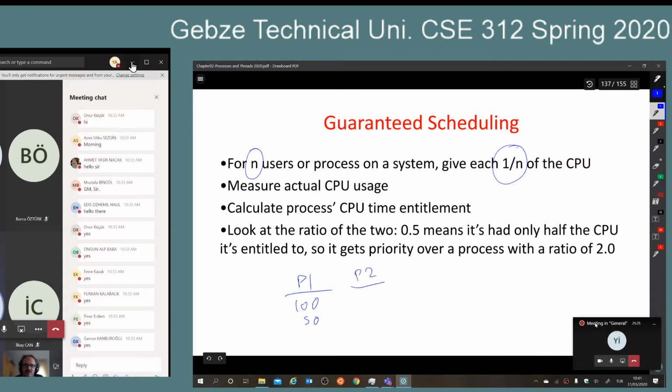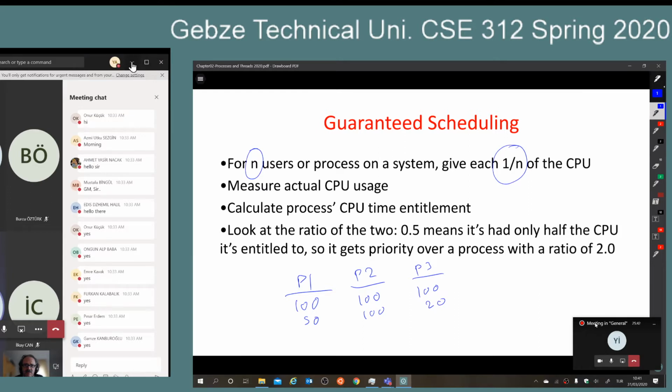Process number 2 has a quantum of 100 milliseconds and it used 100 milliseconds. Process number 3, of course, has the same amount of quantum time and it used maybe 20 milliseconds.